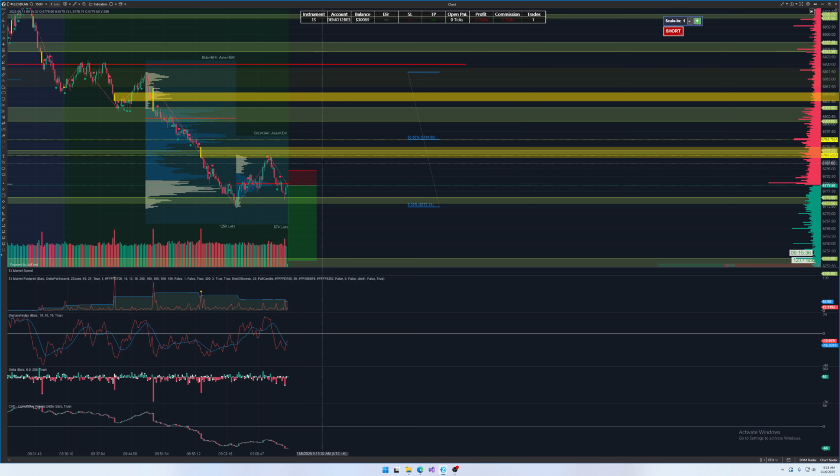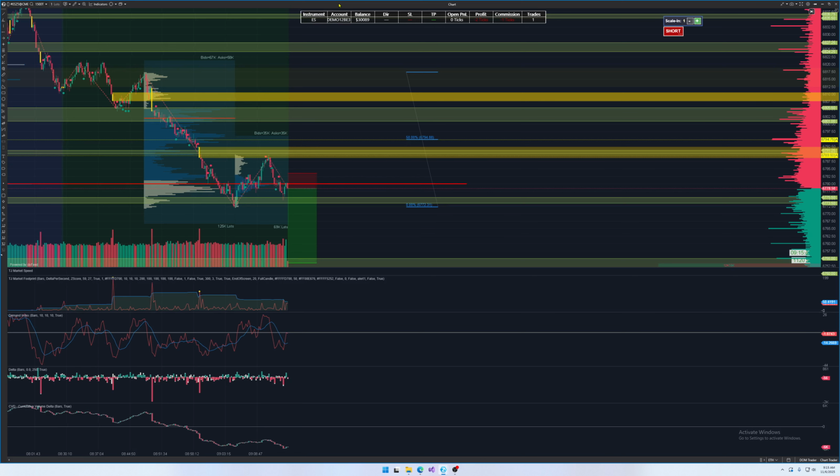But I would have been here from here to here. That would have been a target. So now, am I following through with my idea that the market will go back to that area? Not now, because it would be a long move. I don't trade against the trend.